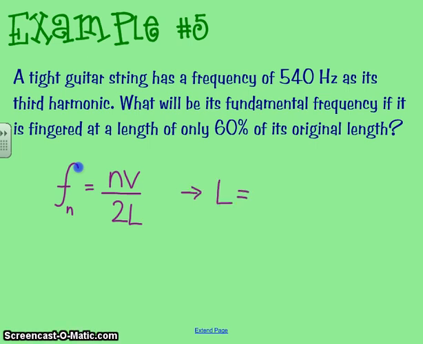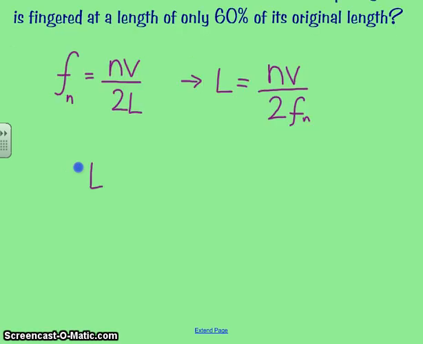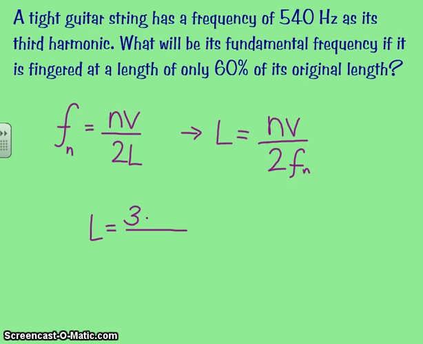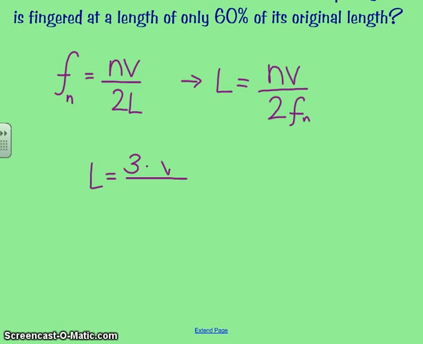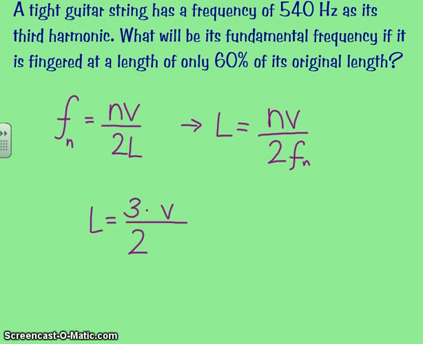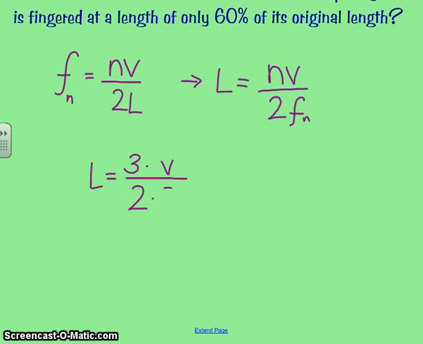When I solve for it, I get that length is equal to NV over 2 times the frequency. Here, it's giving me the frequency of the third harmonic, so N will be 3. V is not given to us, so we're going to leave it in there as a variable, over 2 times that frequency, 540 hertz.